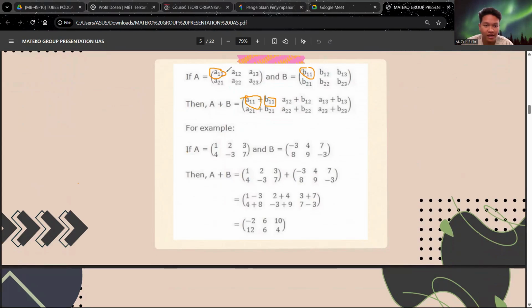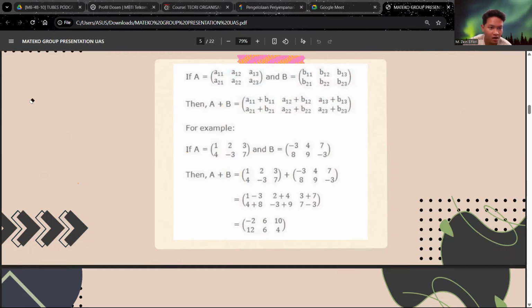A11 plus B11, like here also A12 plus B12, and the other one, A13 plus B13. And for the numbers below, it's the same. The counting is the same.